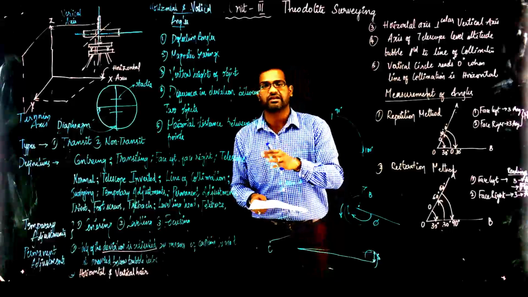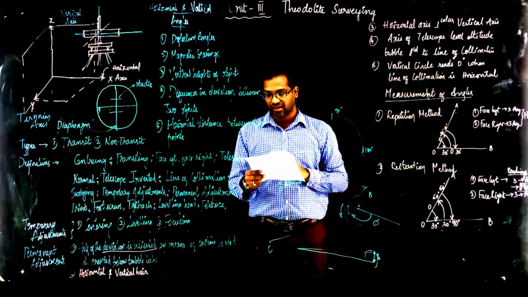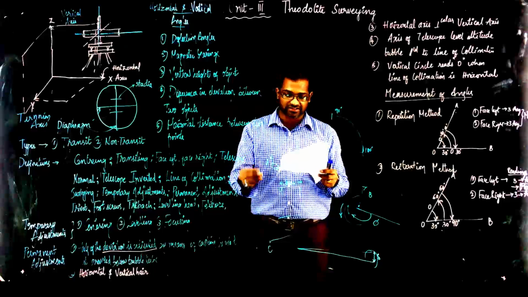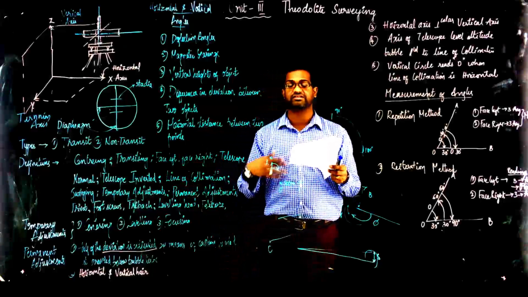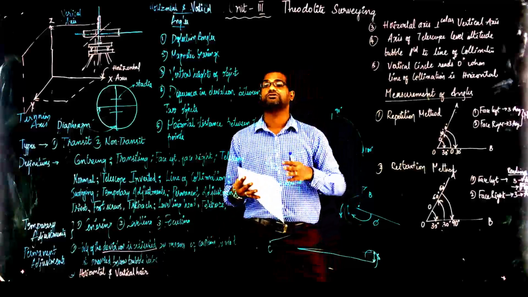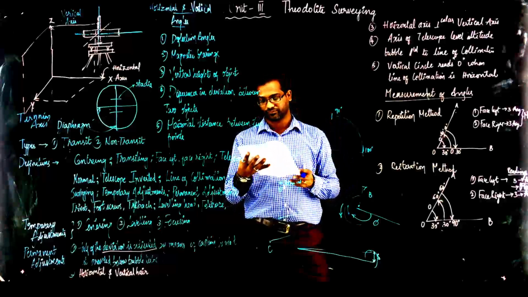And if the vertical circle is towards my right hand side, then that is called face right. What is telescope normal? If the vertical circle is towards my left hand side, then that is called telescope normal. If the vertical circle is towards my right hand side, then that is called telescope inverted.